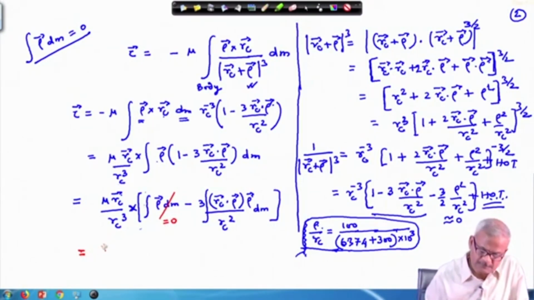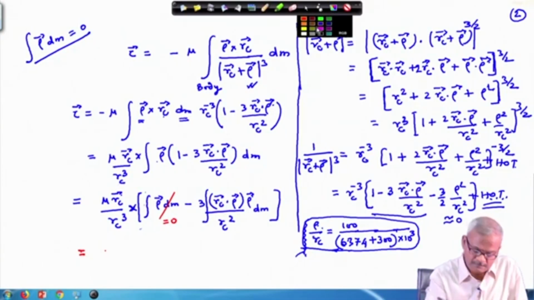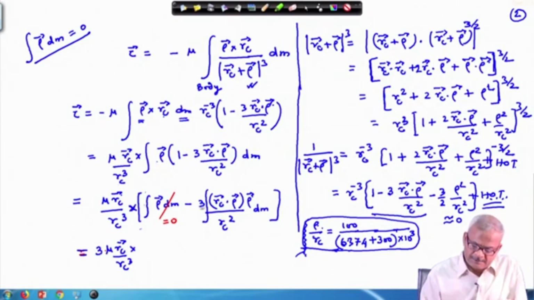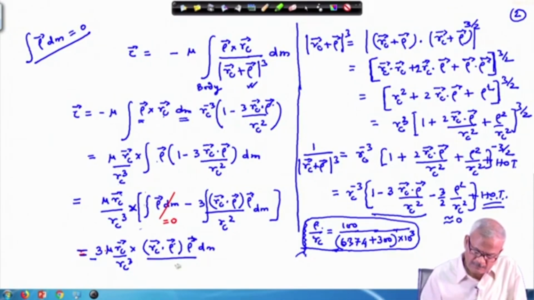and therefore, this gets reduced to mu R c by R c cube, then cross is here, and 3 we can bring from this place to this place, and as we see this minus sign is present here, then R c dot rho by R c square.